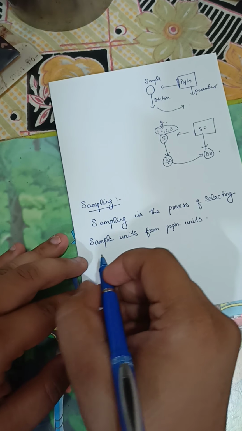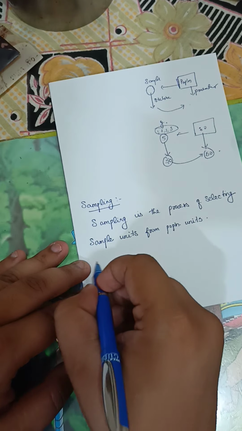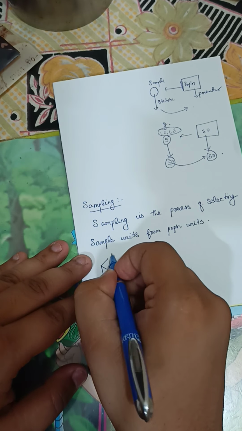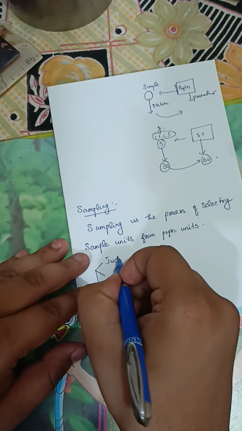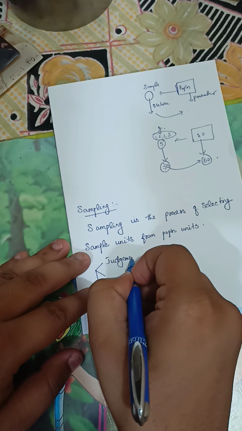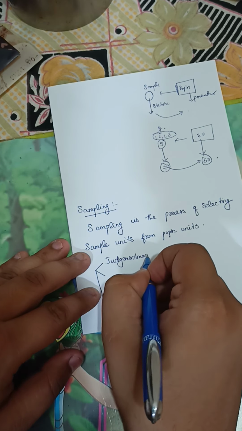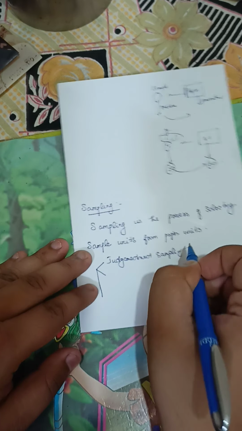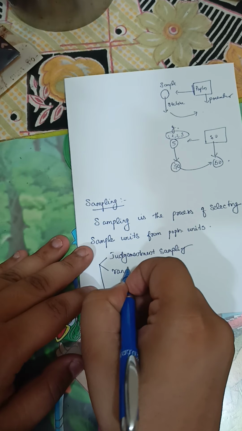There are basically three types of sampling. First one is judgment sampling. Another one is random sampling.